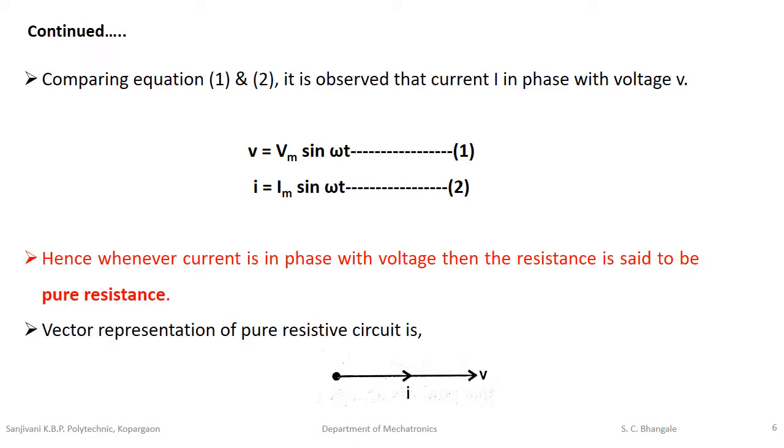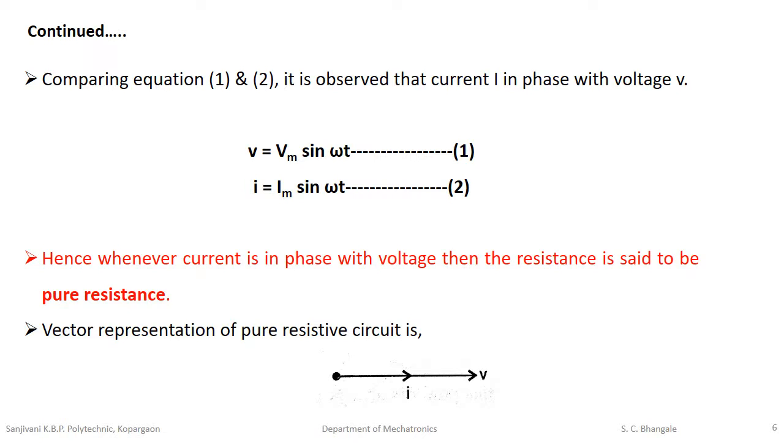We have already seen in the previous session what is meant by phase. If two quantities or two AC parameters have the same frequency and the same starting point, we can say that both parameters, that is voltage and current, are in the same phase.